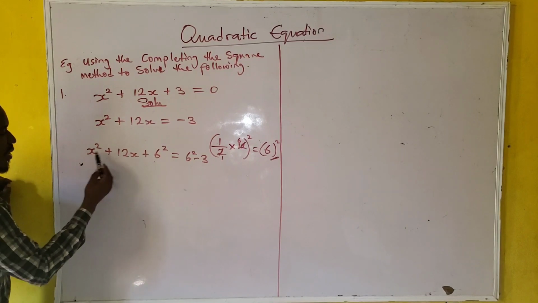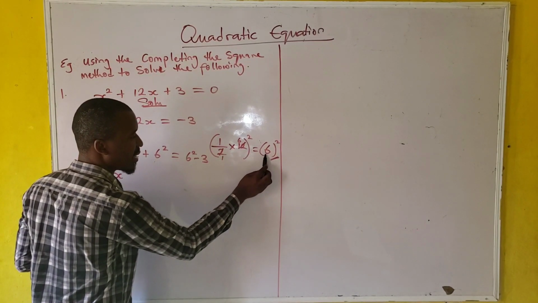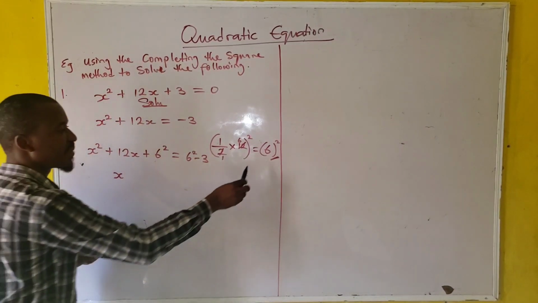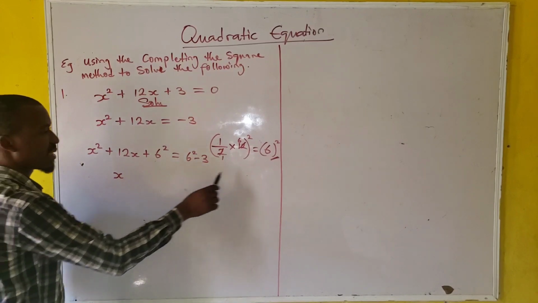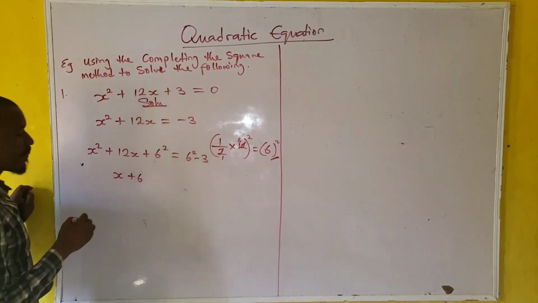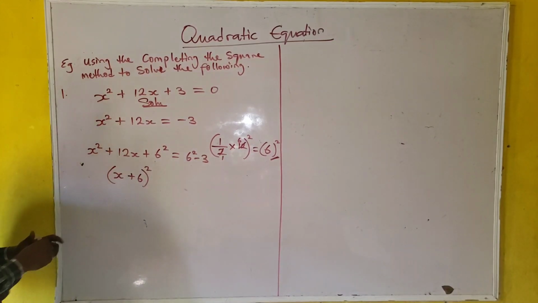The variable, which is s, write it. Inside the bracket, you write 6 with its sign. If it's minus 6, I'll write minus 6. If it's plus 6, like this one, I'll put my plus 6, enclose it with a bracket and put my square. That is the factorized form of this perfect square.